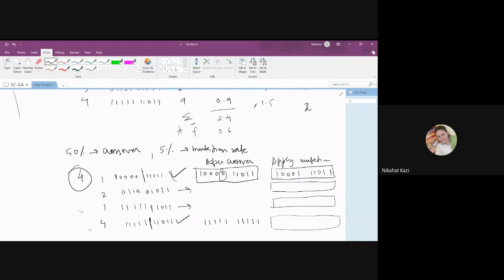So you do it properly. Okay, and then whatever is the value you are getting, that is the fitness. That's it. So whatever chromosome you are getting, again you compute the fitness, see which is the highest, and you just write that. Okay, so this is how you solve.